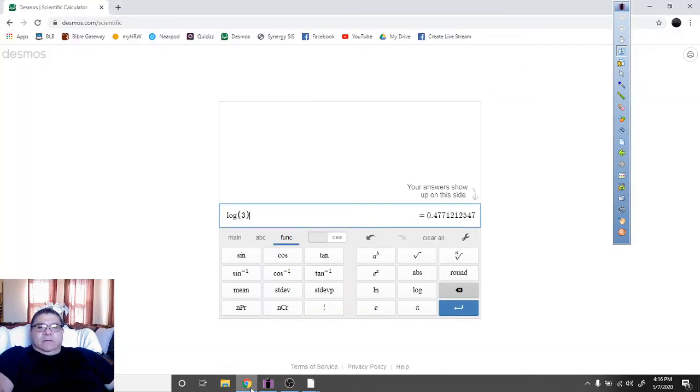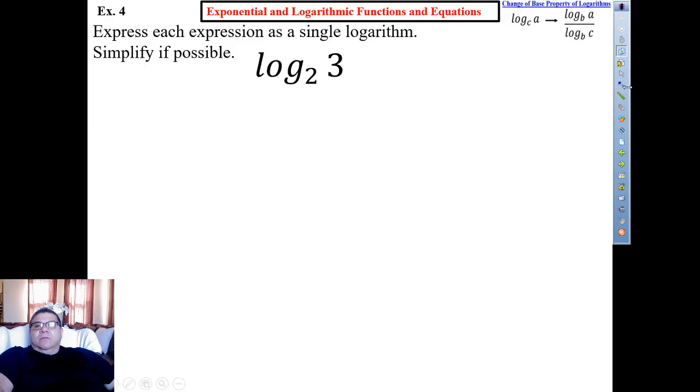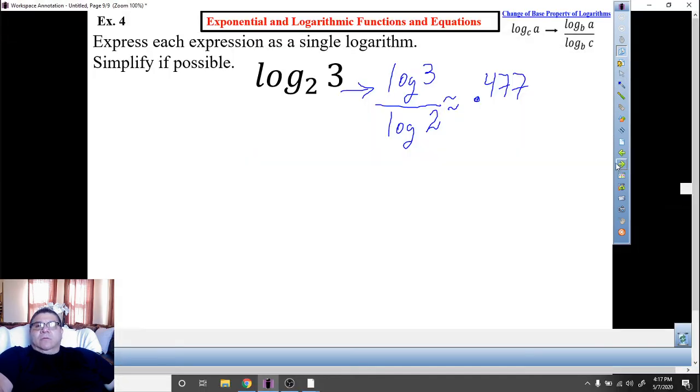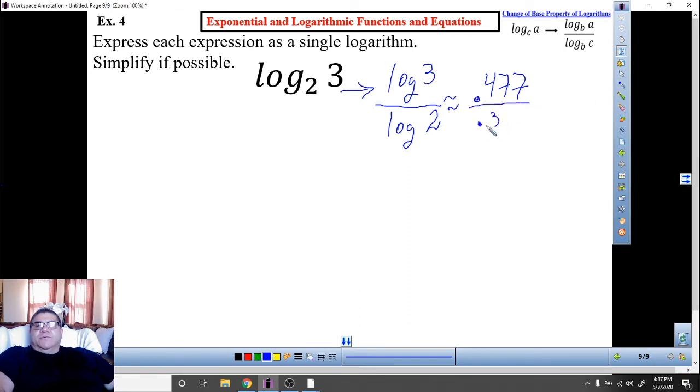Yeah. So then now I'm going to type in log 2. And we got 0.301. So then we have this over 0.301. And what does this give us?